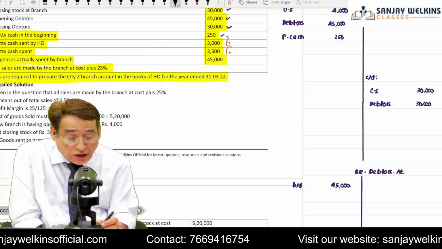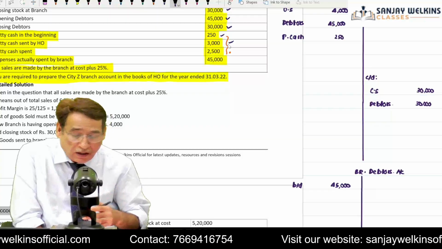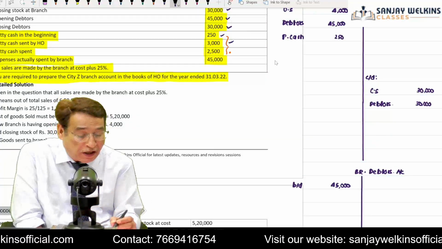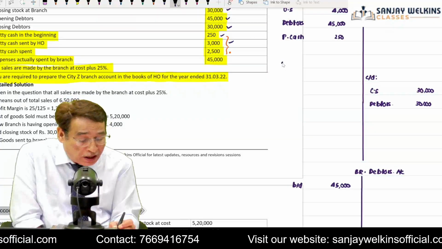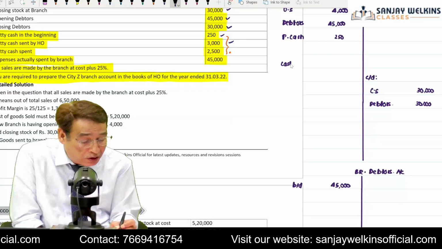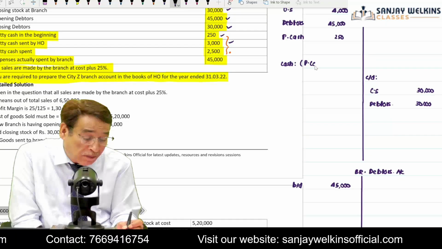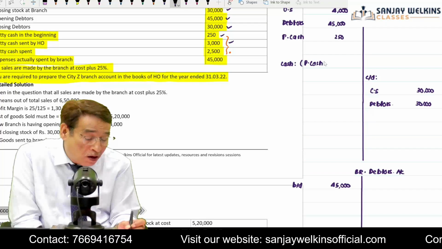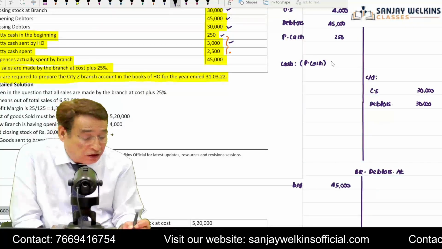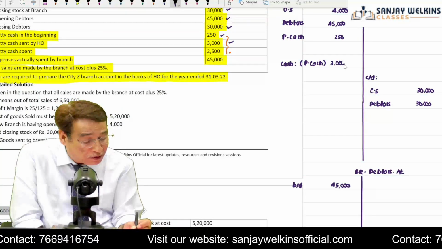Also, it is given in the question that head office in the current year has sent some more petty cash. So we will write here to cash, and in brackets I will write petty cash. That means some more petty cash has been sent by head office in the current year. So I will write here 3,000.